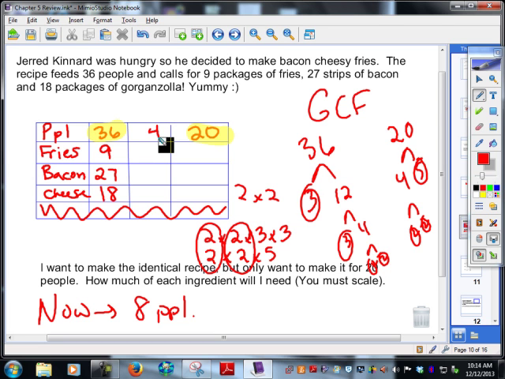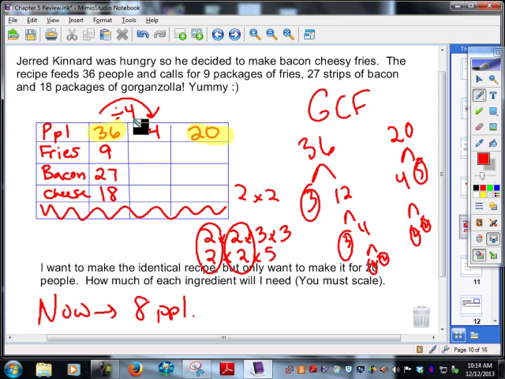Now it's all about determining what I am doing to 36 to make it become 4. This is where you guys are getting confused. When you are picking a common factor, whether it's 2 or 4, your mistake is thinking, okay, I'm dividing by 4. The common factor isn't what you're dividing by. It's the actual amount.